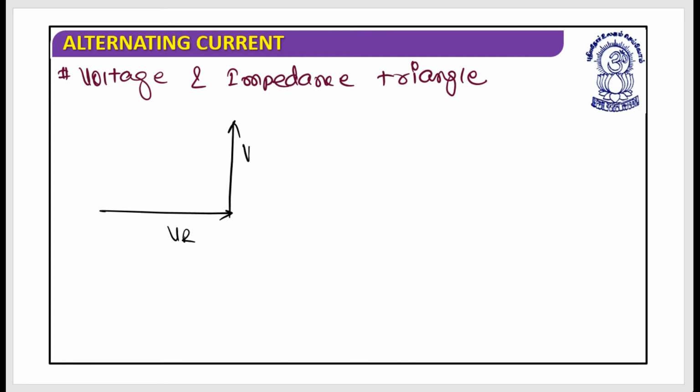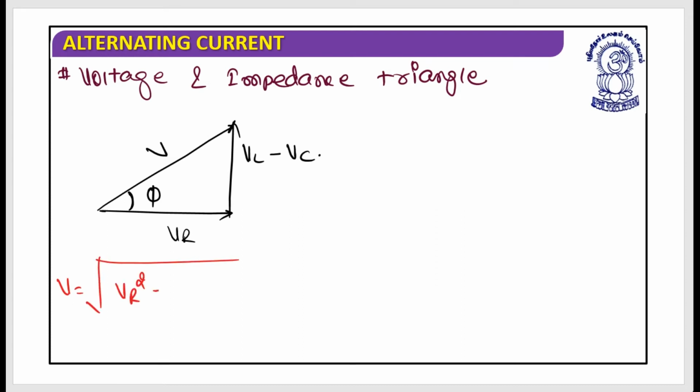Let's say VL is greater than VC, this would be the VL minus VC, and this would be the V. This angle is phi. So from this I could have V equals under root of VR square plus VL minus VC whole square. It has been assumed that VL is greater than VC.